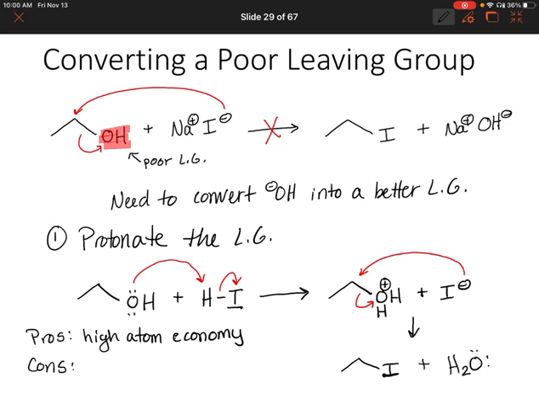We might have some acid-base chemistry going on off to the side, so we might end up with some weird products. So we could have contamination in our final product. So we'll just write that one of the cons is acid-base chemistry could occur.